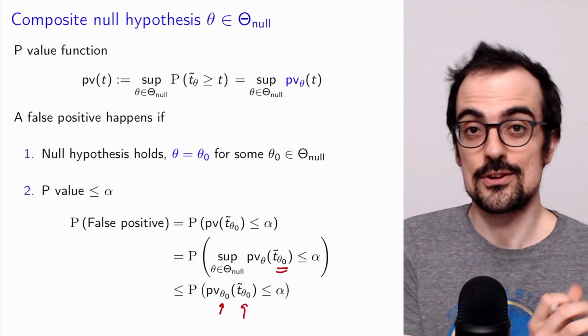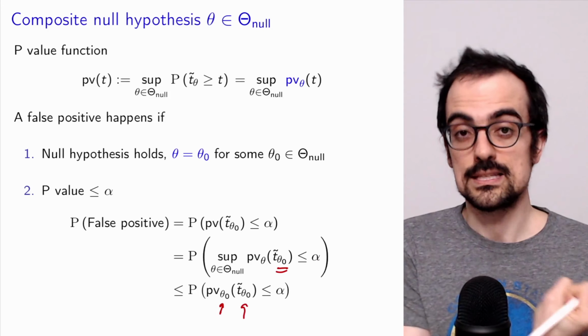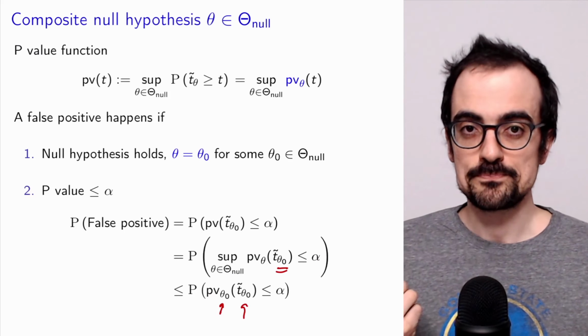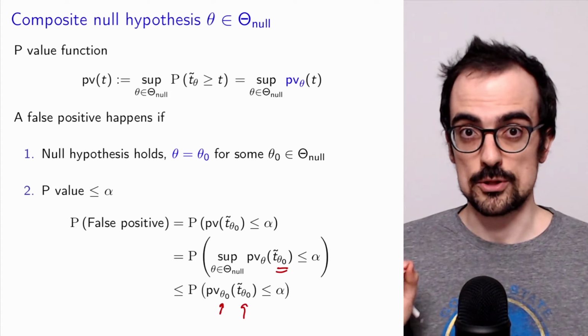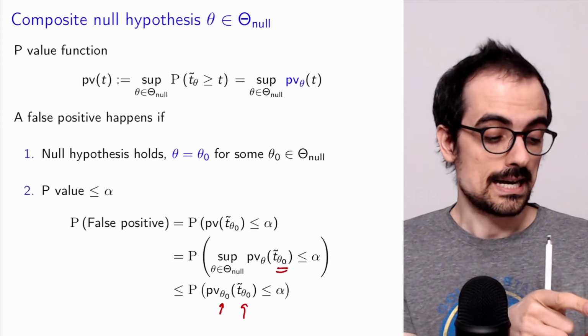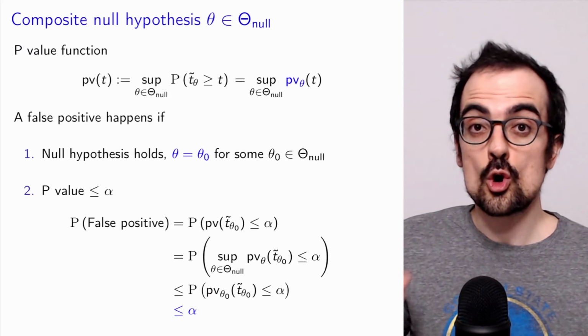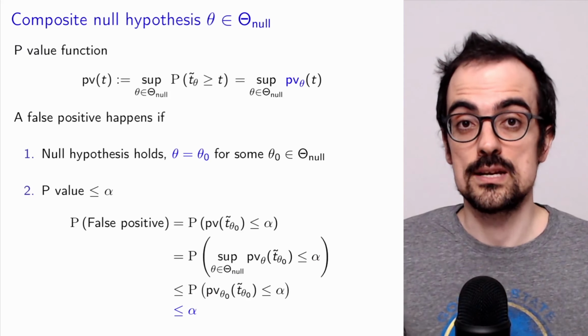This falls under the proof that we have just done, where this would be 1 minus the CDF, plugging in the test statistic under the null hypothesis for theta 0, and our result shows that this is bounded by alpha. So this also works out for composite null hypotheses.